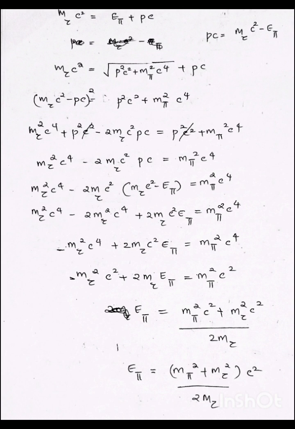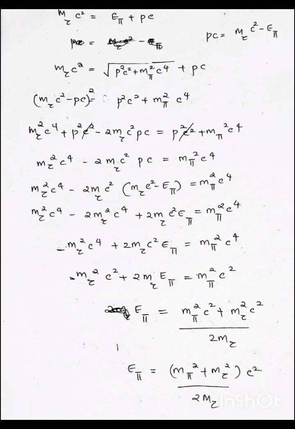That is minus m tau square c raised to 4 plus 2 m tau c square E pi is equal to m pi square c raised to 4. That is minus m tau square c square plus 2 m tau E pi is equal to m pi square c square. That is E pi is equal to (m pi square c square plus m tau square c square) divided by 2 m tau. So we can write it as E pi is equal to (m pi square plus m tau square) into c square divided by 2 m tau.